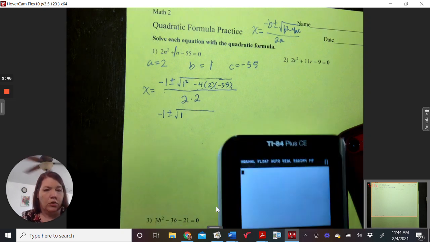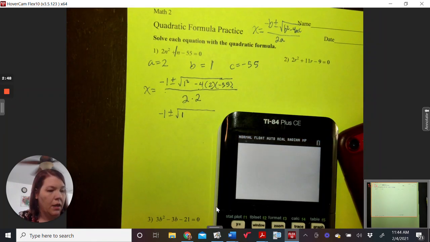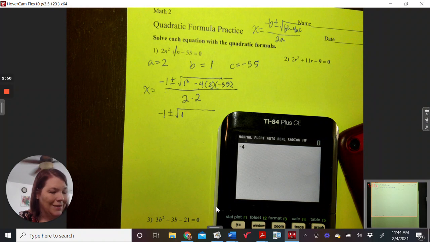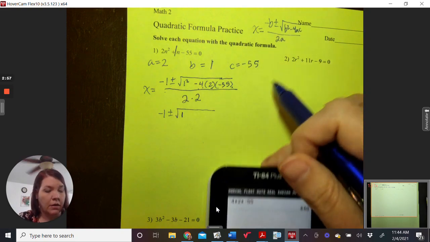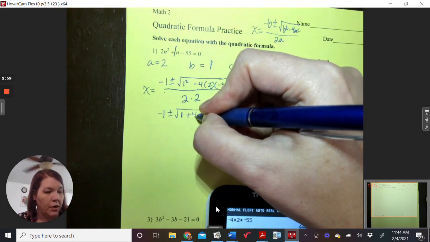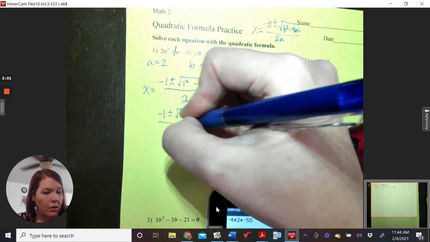Negative 4 times 2 times negative 55 is positive 440. So plus 440. All over 2 times 2 is 4.